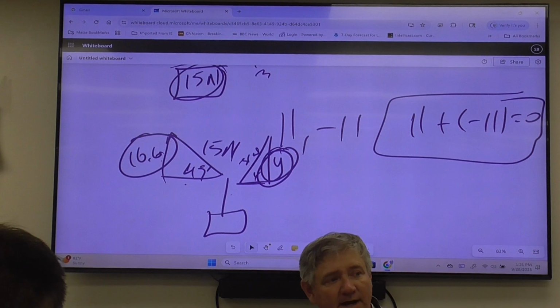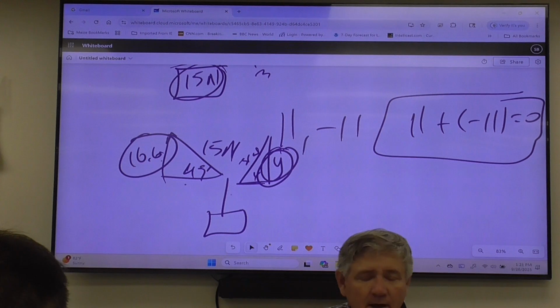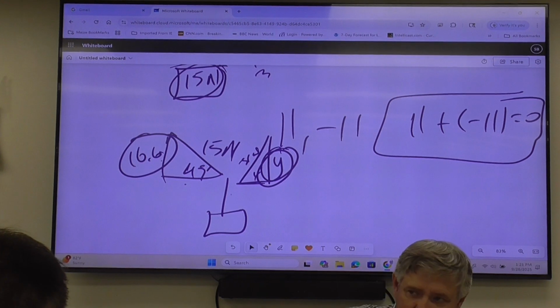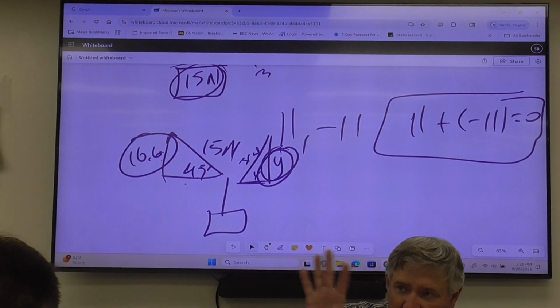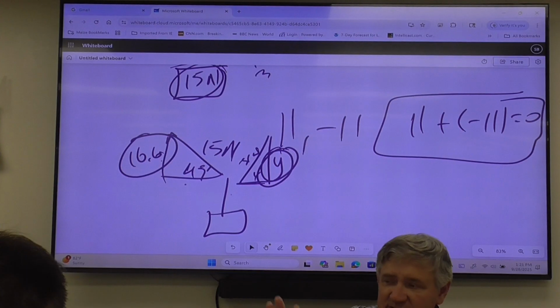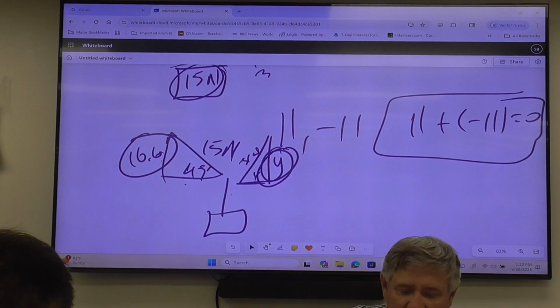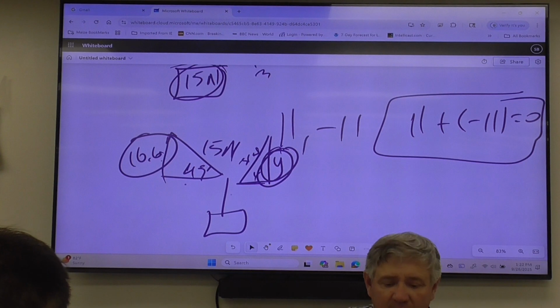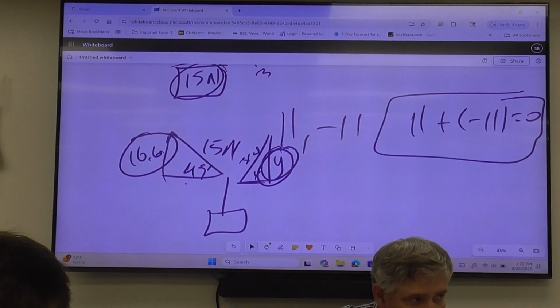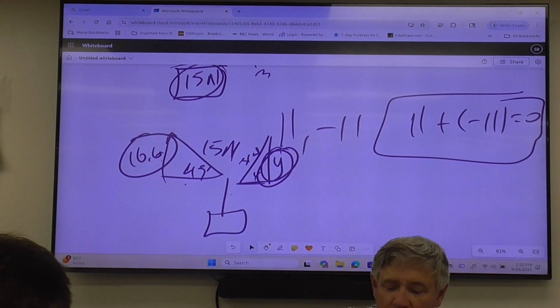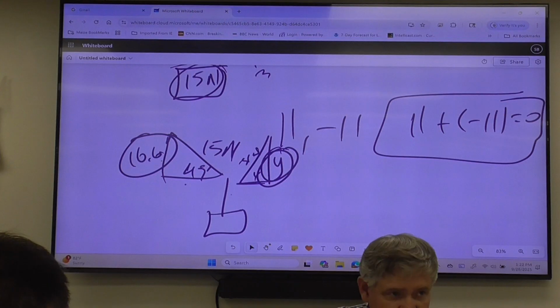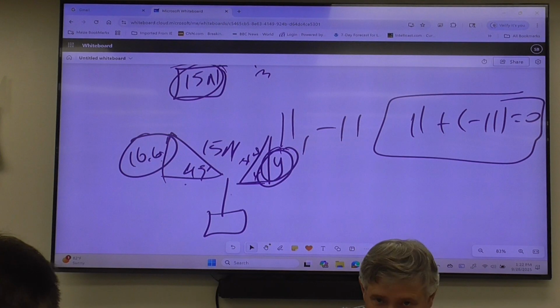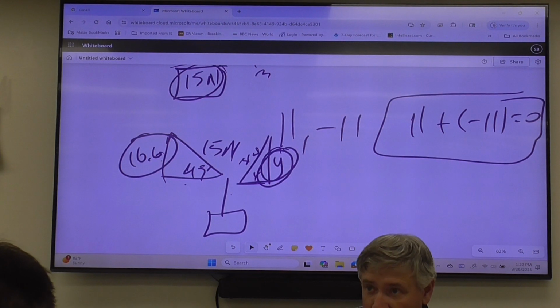You are going to write a procedure that can be replicated by another group. So this is the benchmark of any scientific research. Can I take your procedure and replicate your results? That's your benchmark.